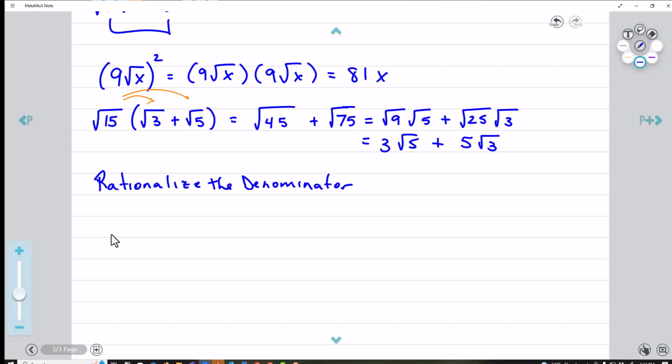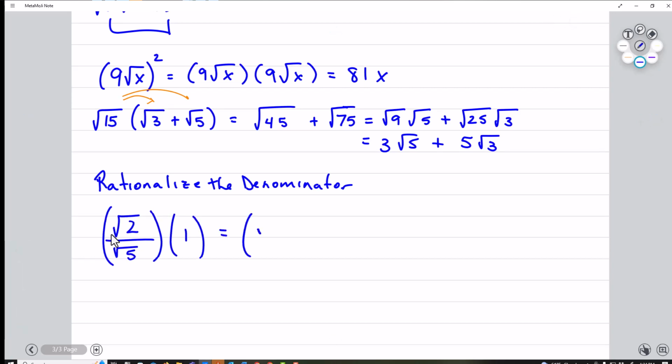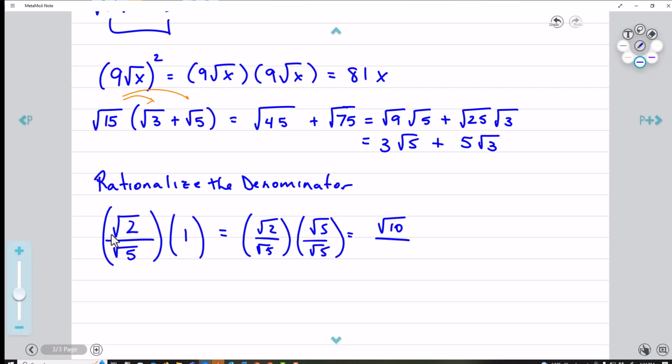So if I have something like the square root of 2 over the square root of 5, remember you can do anything with this fraction if you multiply it by 1, right? Well, you're like, well, what good did that do? Well, couldn't I write 1 as the square root of 5 over the square root of 5? Why would I do that? Because that would get what's in this denominator. It wouldn't be under a root anymore.